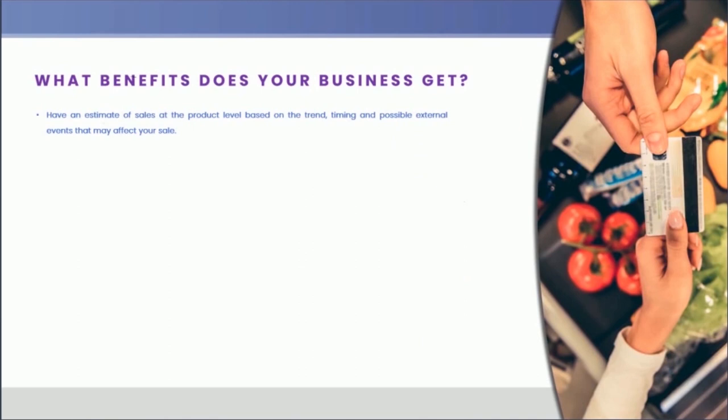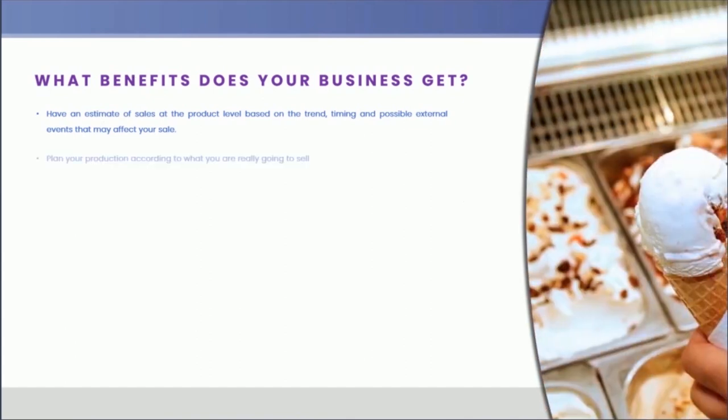So what are the benefits for your business through this type of stuff? Let's say, for example, you have an estimate of sales at the product level based on trends, timing, and possible external events that may affect your sales. Being able to look into that and see how it's going to affect your sales is an advantage to you as a business, to be able to see the data that's ahead of you.